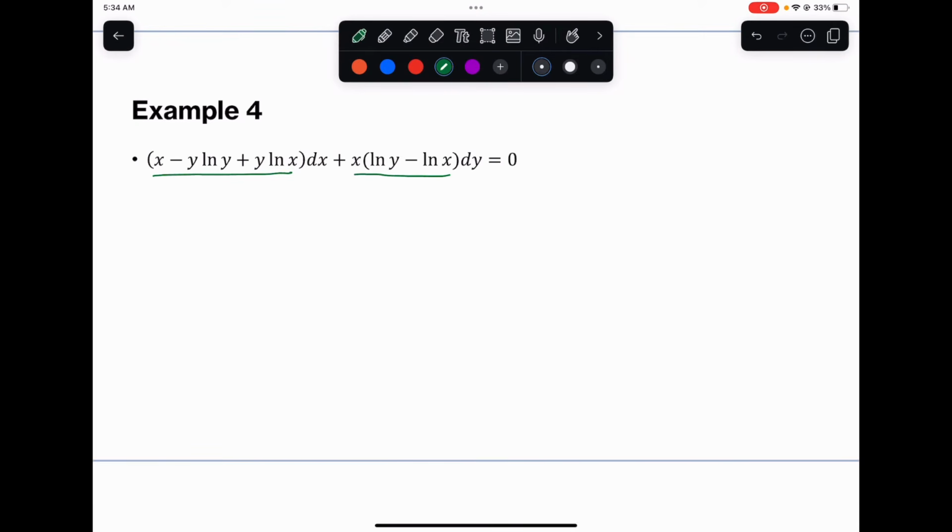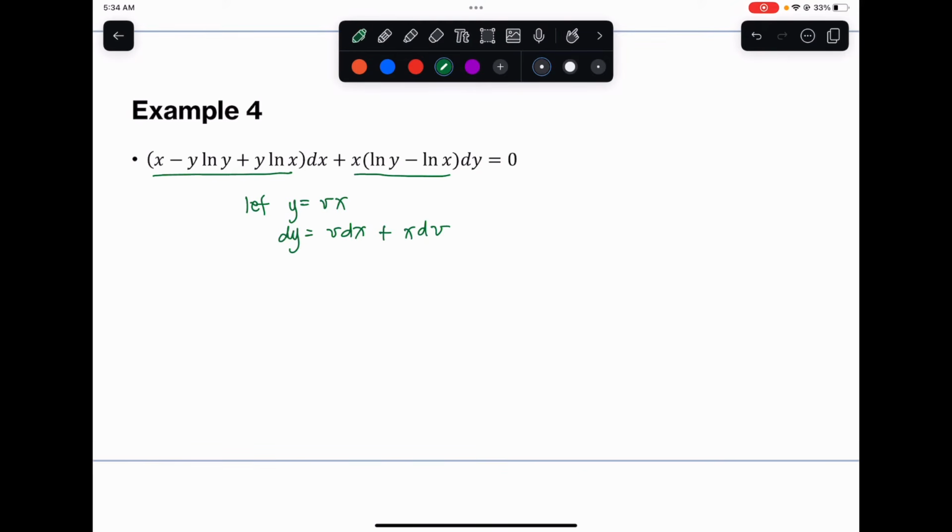So I guess it's safe to use y equals vx. So dy would be v dx plus x dv. But I would prefer to simplify this first, before substitution, because there are natural logarithms involved.